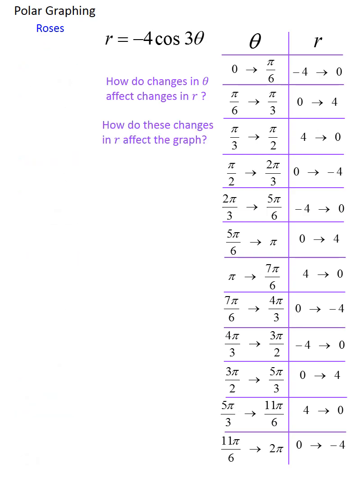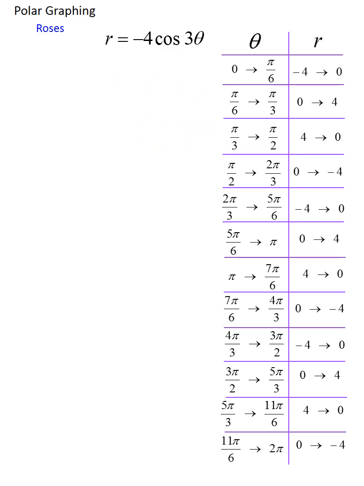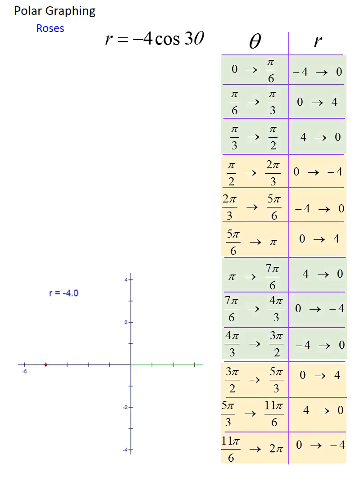And as usual, our question is, what's the graph going to look like based on all these changes in r? Notice in our 12-line table, I've broken the values up into 4 quadrants for simplicity. Let's start with quadrant 1, and we're going to let theta go from 0 to pi over 3.